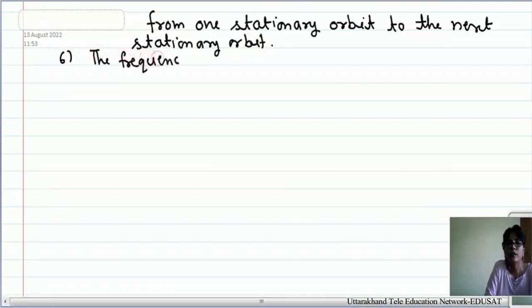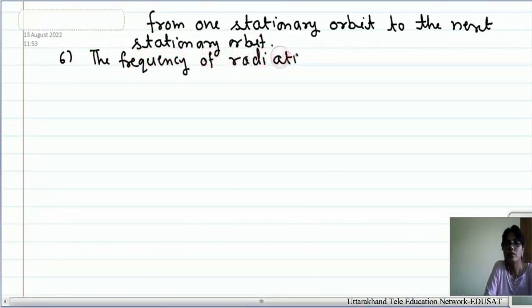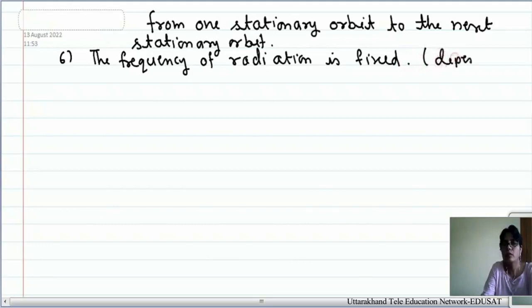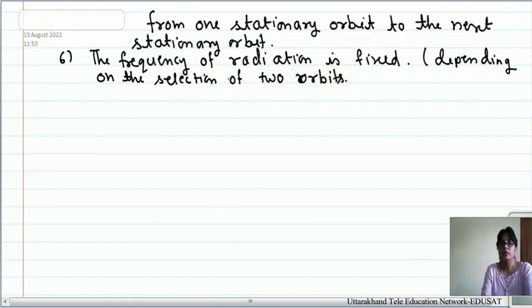This depends on the selection of two orbits, which means which two orbits we are taking.